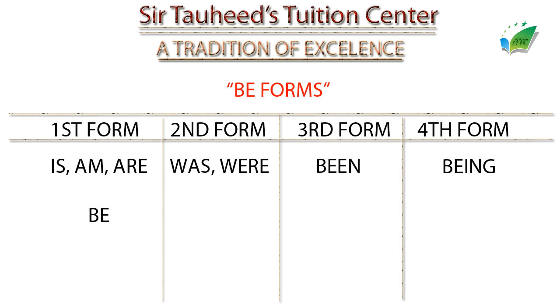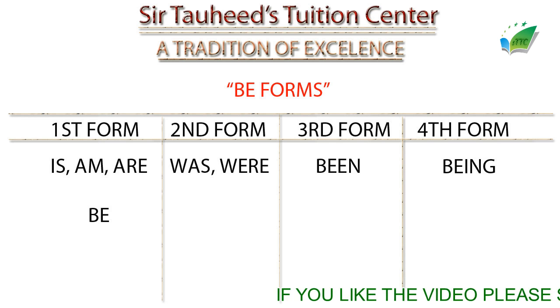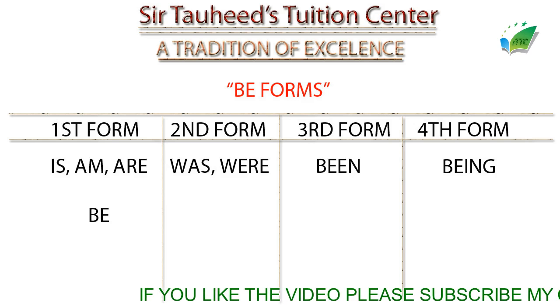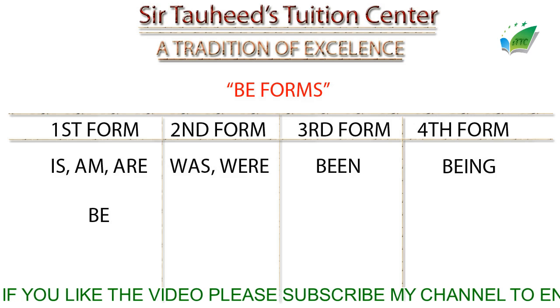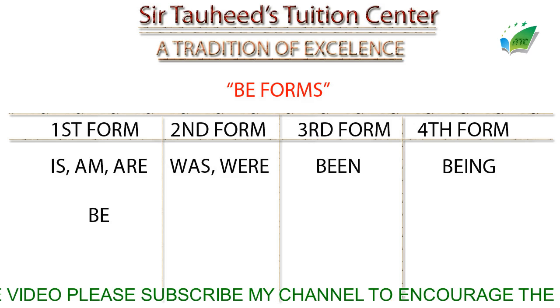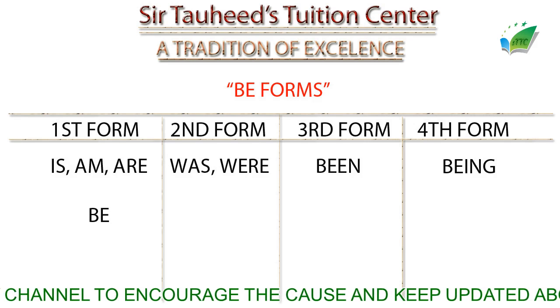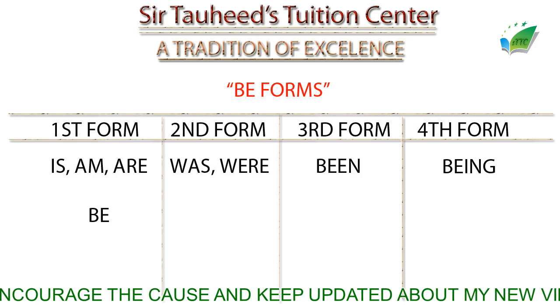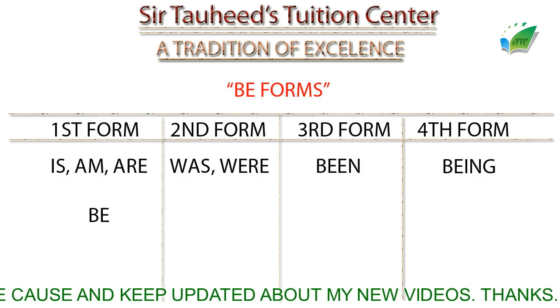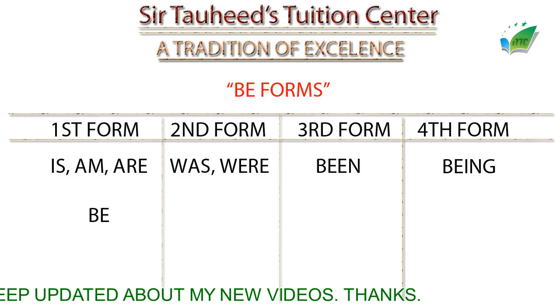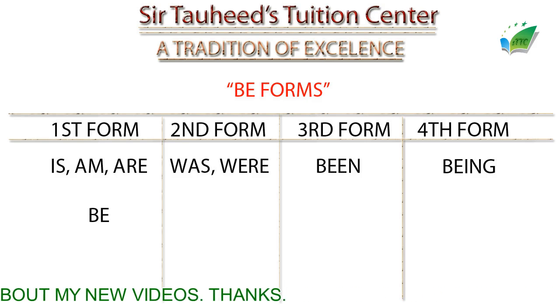The first form of be is is, am, are, and be. They are 4 words, and all of them are used as the first form of be. If you look at the second form of the verb be, here the words are was and were.